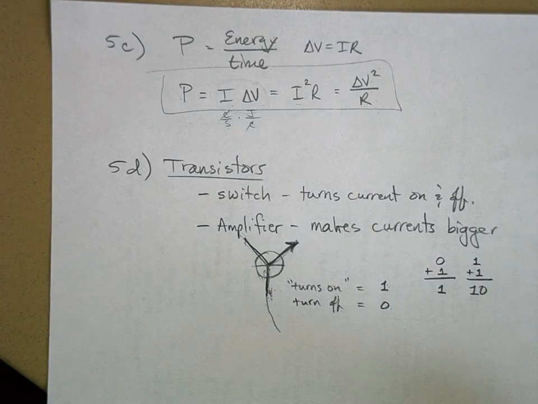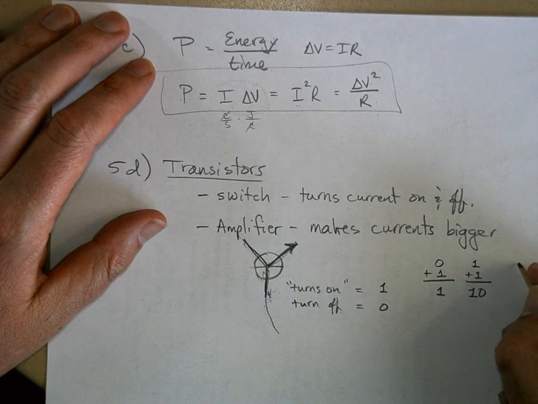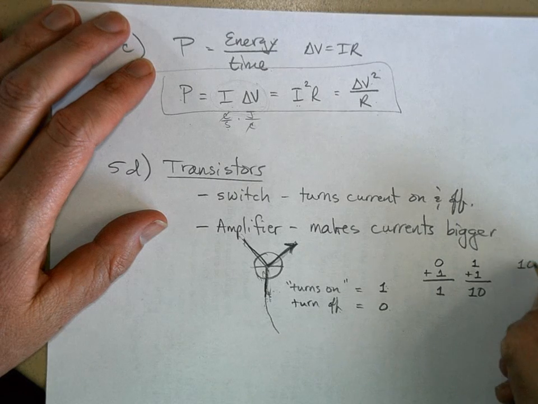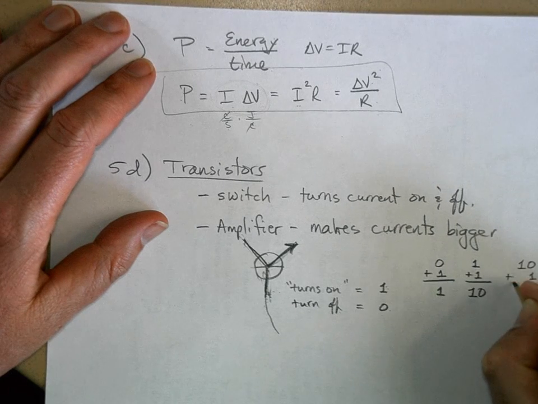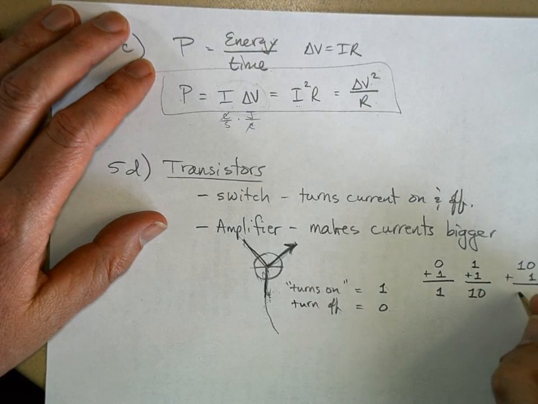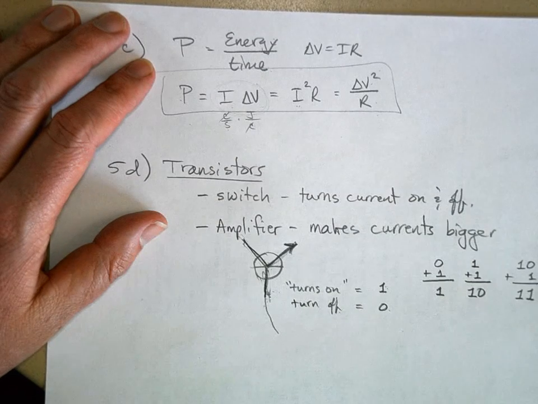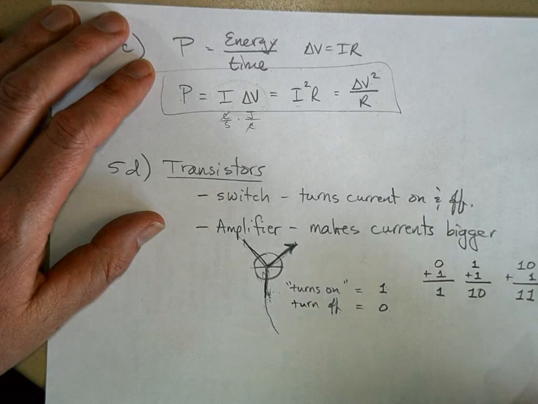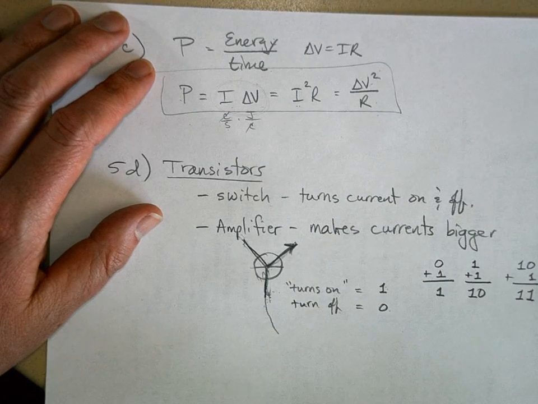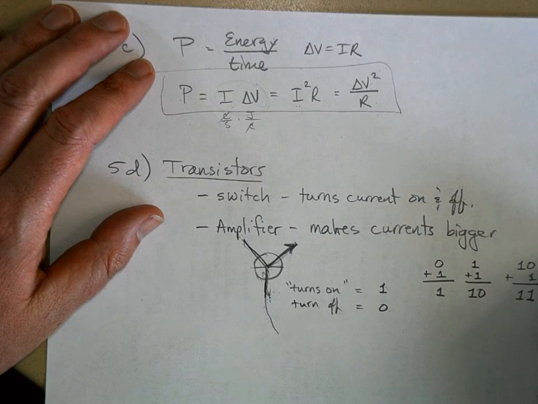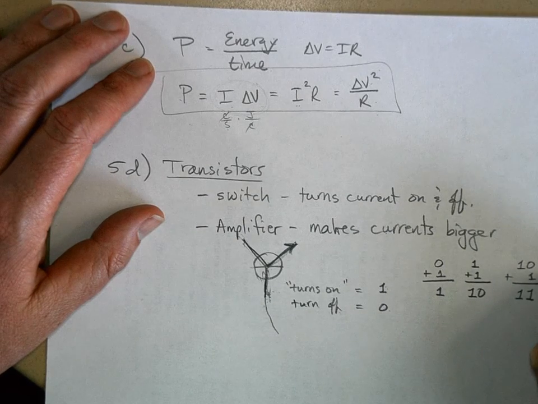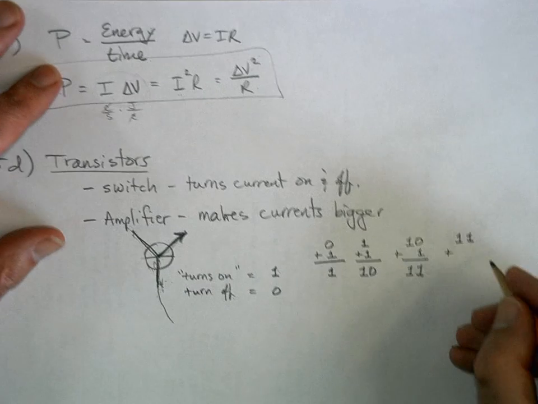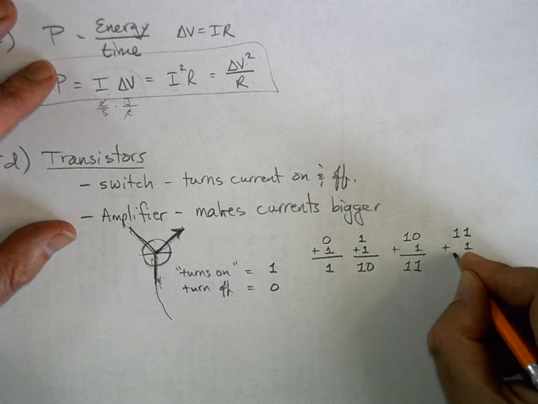Now, what is 2 plus 1? It's 3. So it looks like 11, but it really means 3. What is 3 plus 1? It's 4.